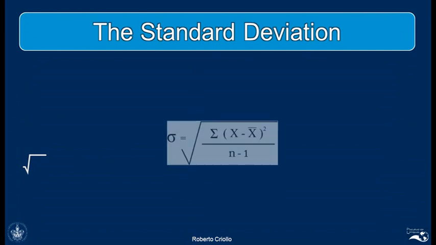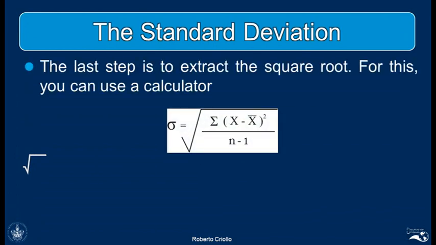Now the only thing that is left to do is to calculate the last part, which is to extract the square root. I know that you're not very good mathematicians. I am not a very good mathematician, so for this operation you can use a calculator. So we calculate the square root of 0.00878, and the result is 0.0937.